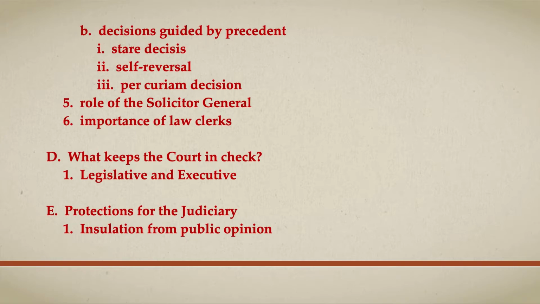What's something else they can do to check the judiciary? Pass a law that affects the judiciary. Pass laws which affect the judiciary. And one important one would be budget.